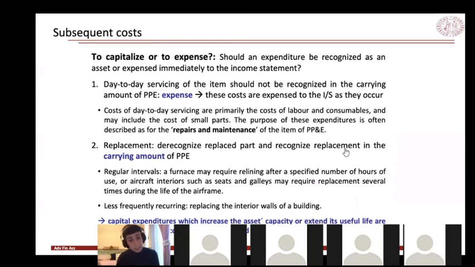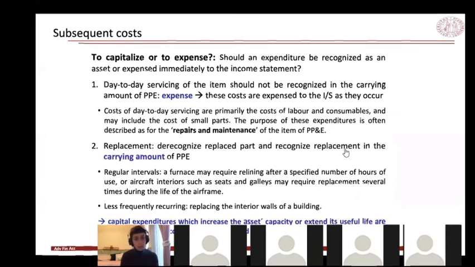That means capitalize it, depreciate it, and everything will look nice and clean in the income statement. We will have our depreciation expense. We will be very happy, because it will not have a huge bad impact on the net income if it meets those two criteria. So we are quite certain that it will give us a future economic benefit, and we can measure its cost reliably. But what about subsequent costs?